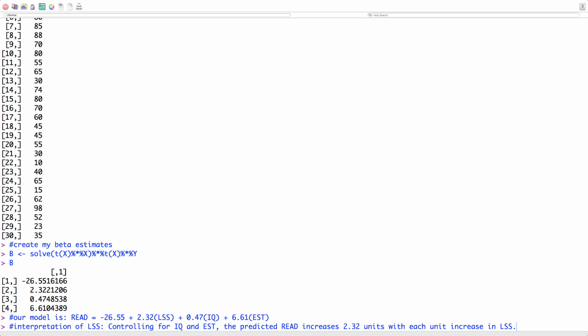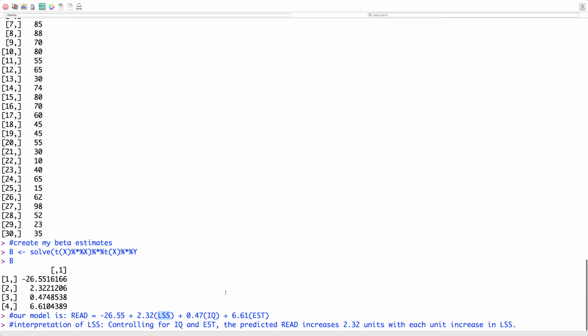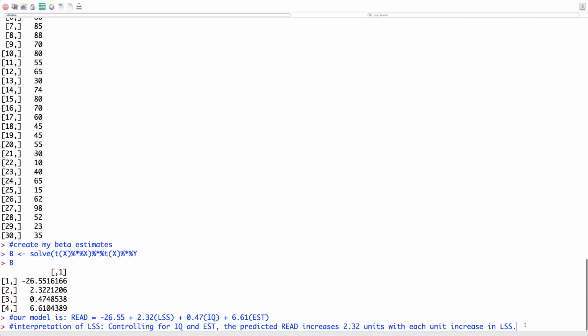All right, gang, so what that tells you is, arithmetically in terms of the prediction, we could hold IQ constant. Say a kid has IQ 105, so we want all kids of IQ 105 who estimated the reading level to be, whatever it may be, 6. Well, we can let LSS vary, and we could see that the predicted read would vary 2.32 units.